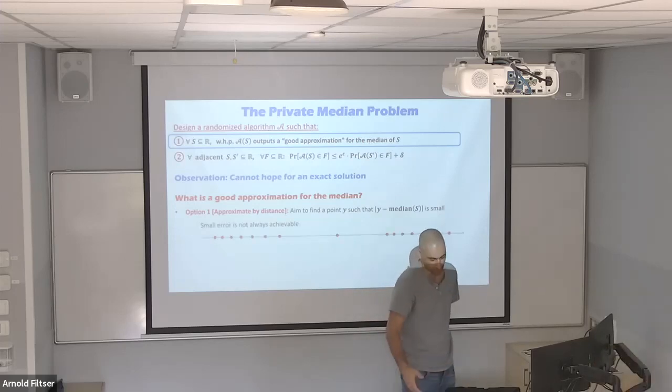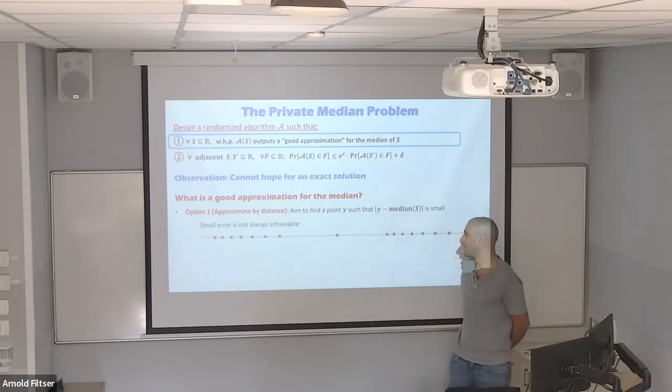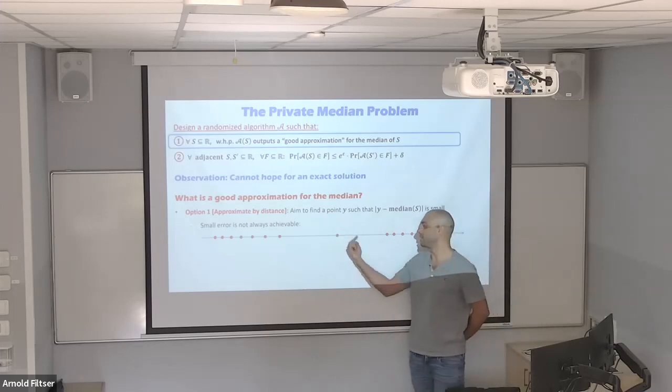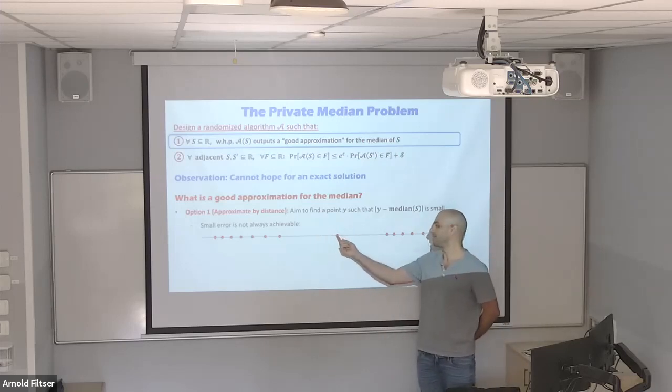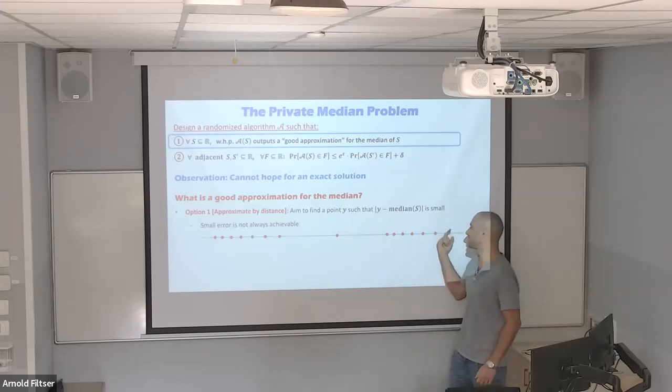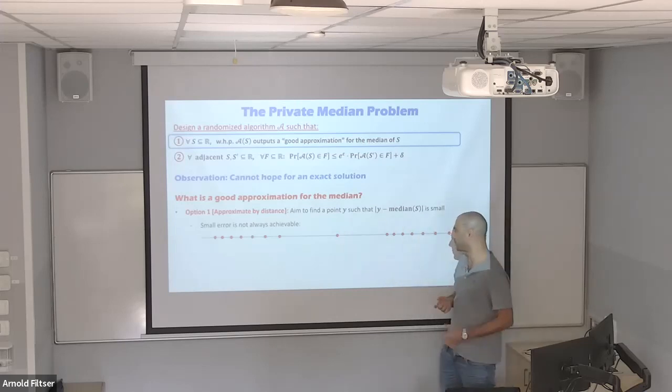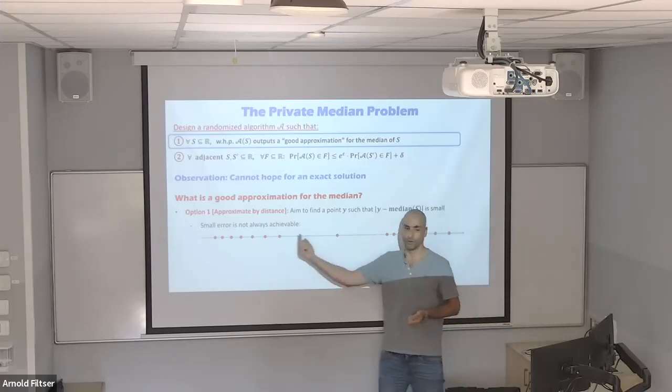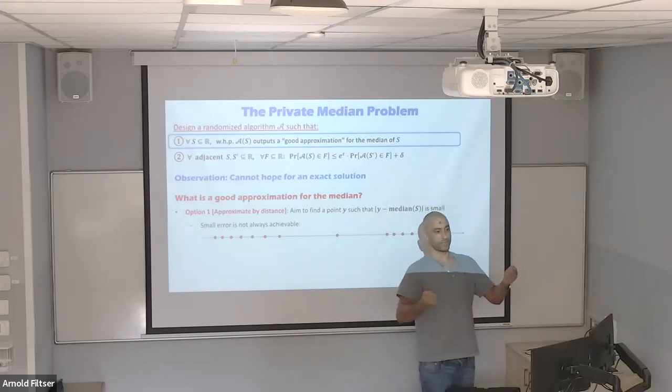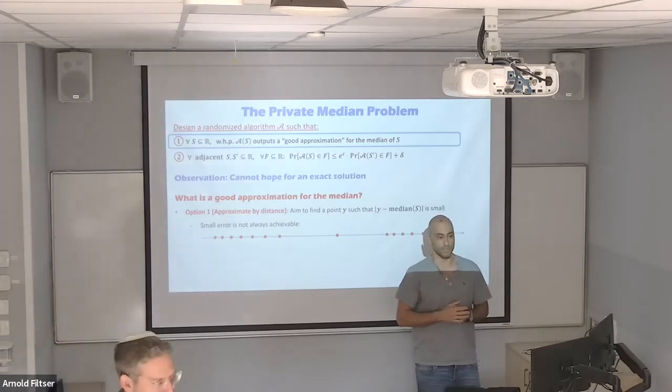So here is a picture that illustrates this problem. That's the exact median, and you want to be close to it. But like in the example before, on a neighboring data set without this point, or with this point moved to the end of the world, the median shifts to here or to here, and if you want to approximate it by distance, your noise is going to have to be huge in some cases.